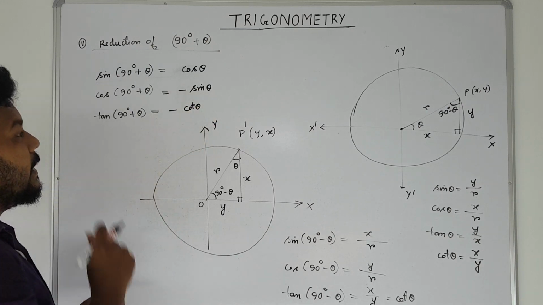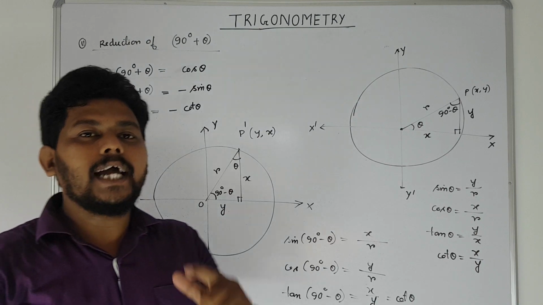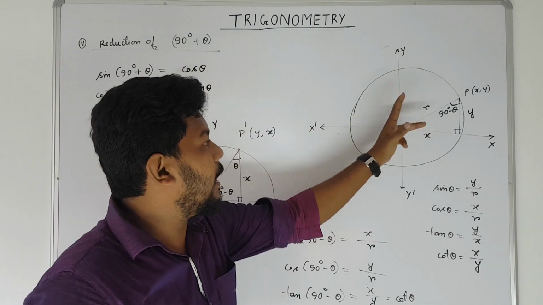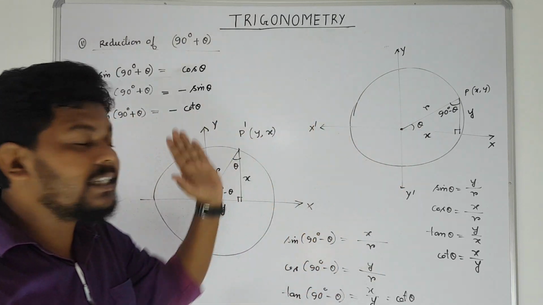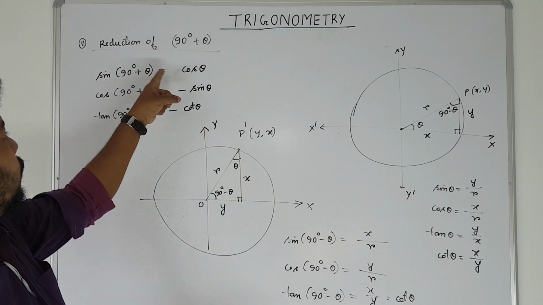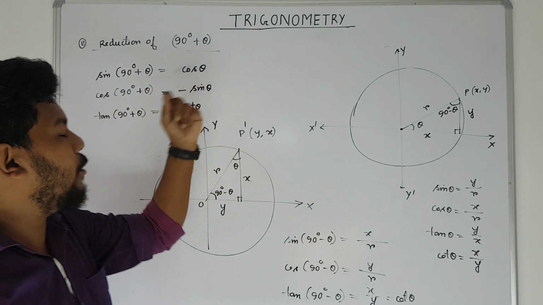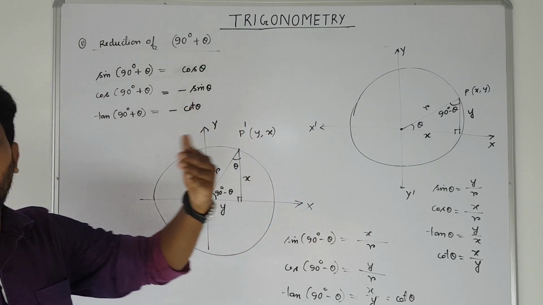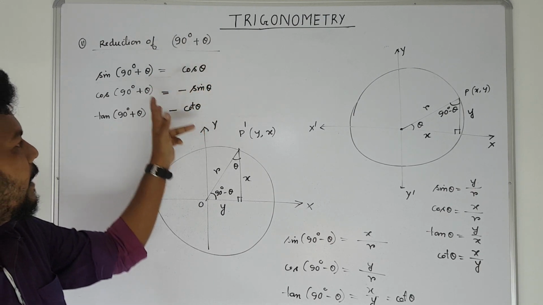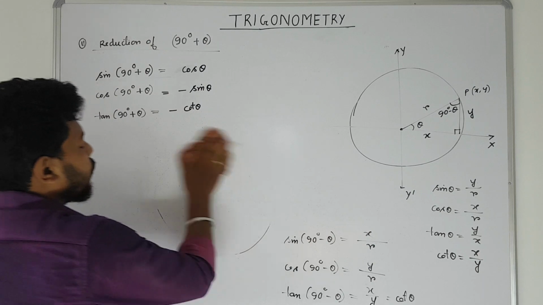As I already said, in second quadrant cos is negative, tan is negative, sine is positive. Now the angle is 90 plus theta, 90 degree plus some acute angle. So it reaches the second quadrant. In second quadrant sine theta is positive, cos theta is negative, and tan theta is negative. We know for acute angles sine, cos, tan all are positive. So sine theta is positive here, multiplied by negative sine, so it gives a negative value. Now the angle reaches the second quadrant.